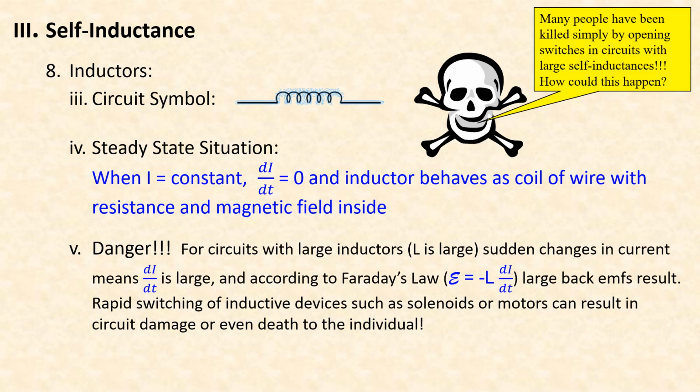So the rapid switching of inductive devices such as solenoids or motors can result in circuit damage or even the death of the individual. So while inductors are placed in a circuit to control changes in current, inductors by themselves can be dangerous.